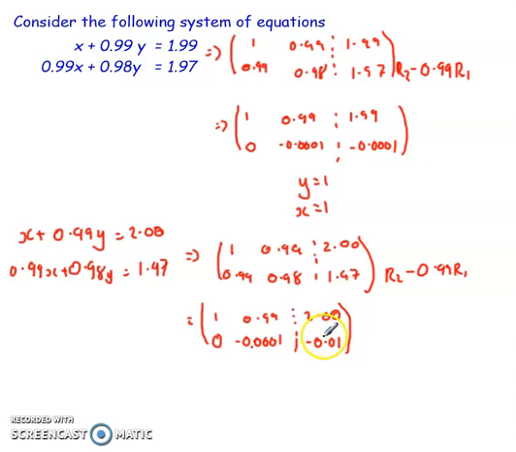So what that means is if I look at this system here, I'm going to get negative 0.0001y equals negative 0.01. So this actually gives me a solution where y is equal to 100. And if I then take the y equal to 100 into here and substitute it into this solution here, what I'll end up getting is that x plus 99 equals 2, so x is equal to negative 97.